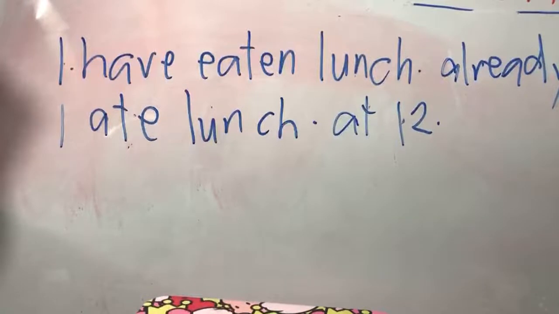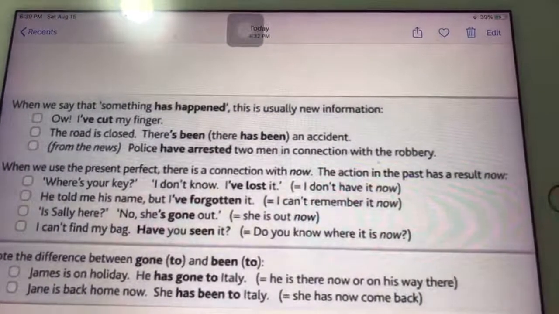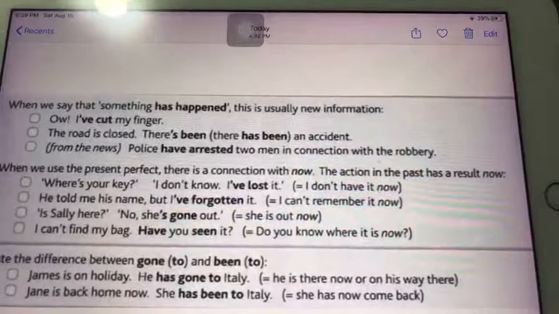Okay. Can you give me some more examples of the present perfect?